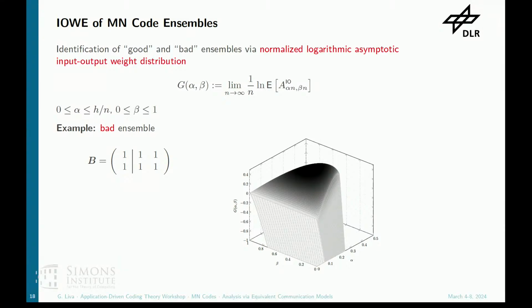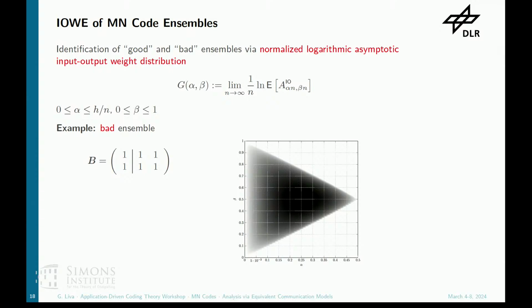So this is an example of a bad ensemble. You can see clearly that in this region, small alpha and small beta, we are starting above 0. Of course, colors don't help much, but trust me that here we are positive. It's very light gray. So this is an example of a bad ensemble.